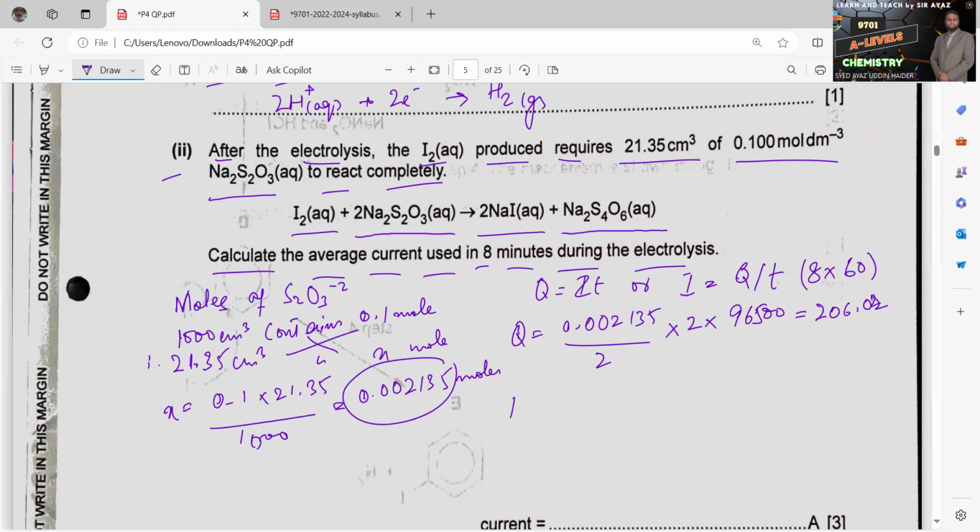So in order to calculate I, what will I write? I will write 206.02 divided by 8 into 60. 206.02 divided by 8, again divided by 60. 0.429 ampere.